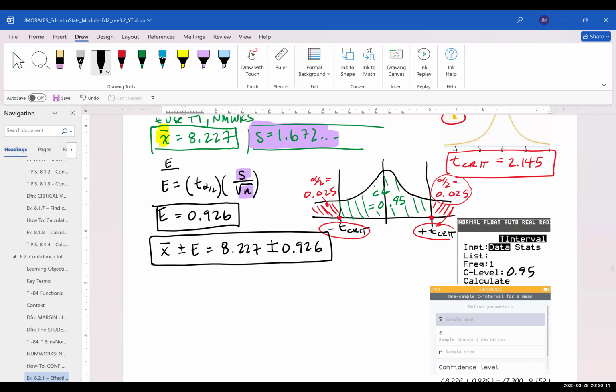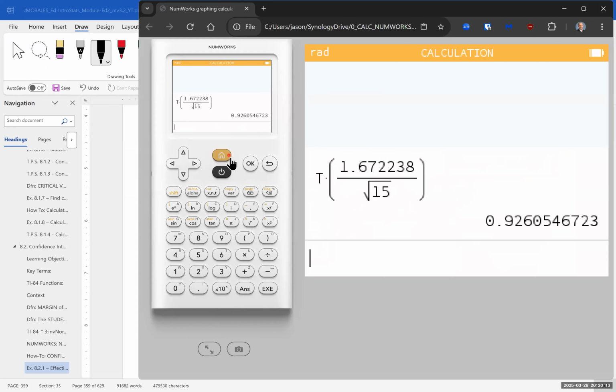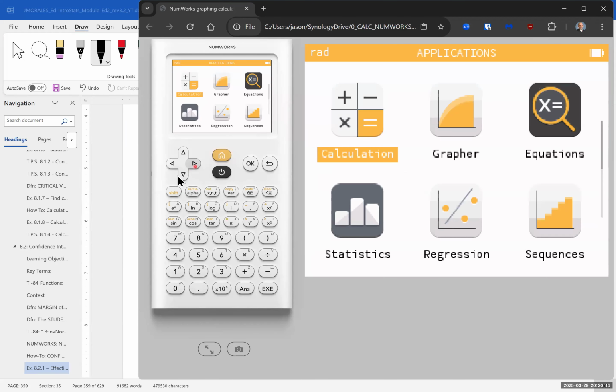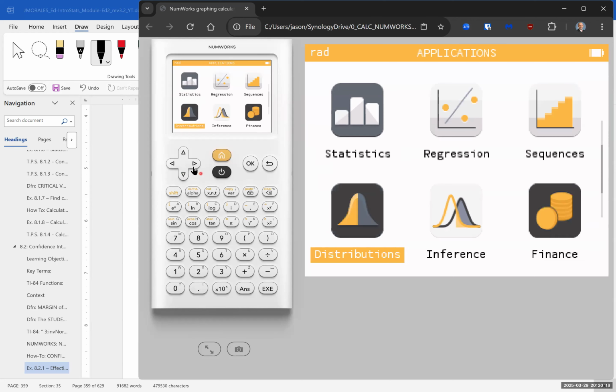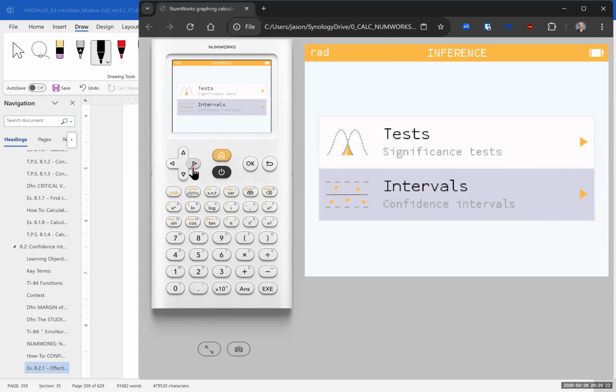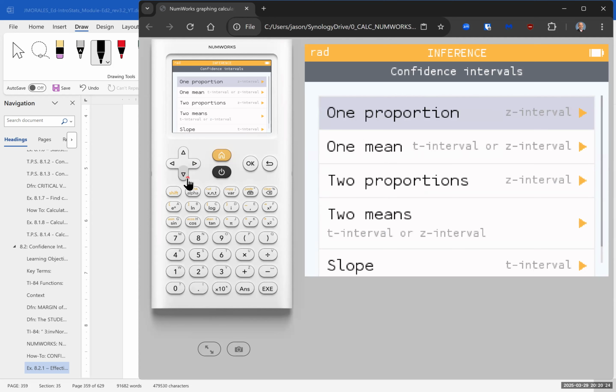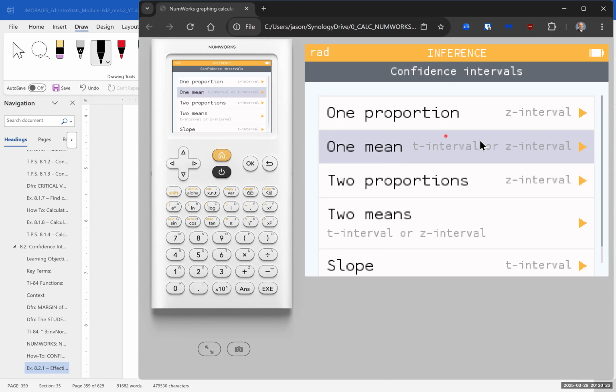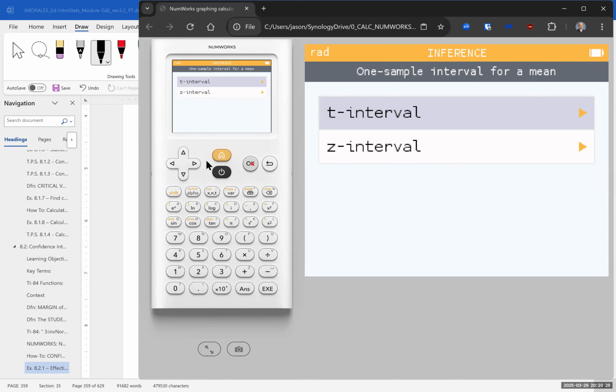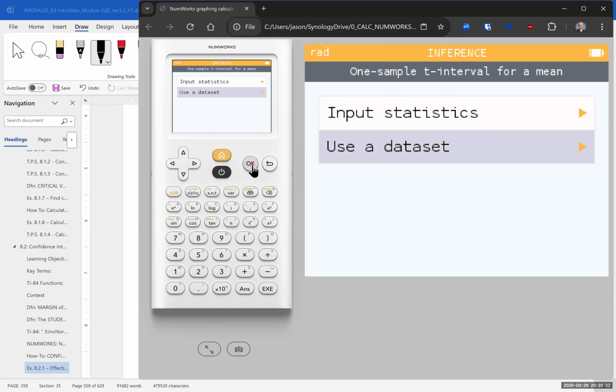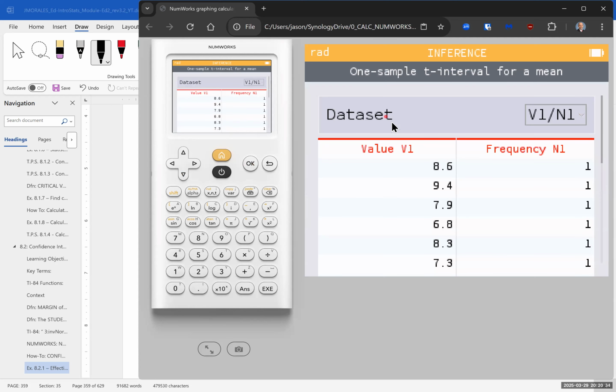If we go to the NumWorks calculator and we go home, we want the inference app. Go to intervals. We want one mean, but we want a t-interval now. And we want to use a data set, and it's going to be this one, V1N1.